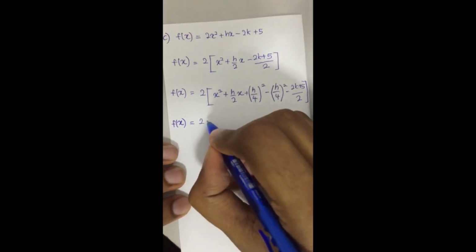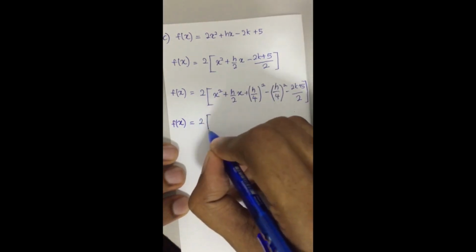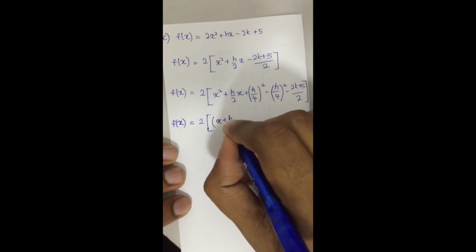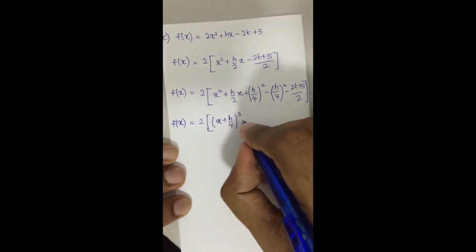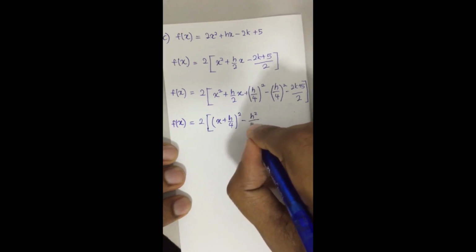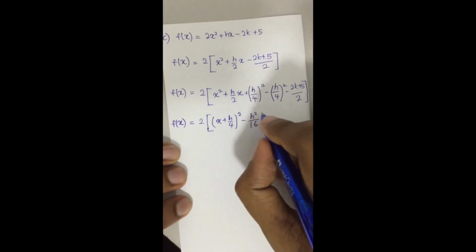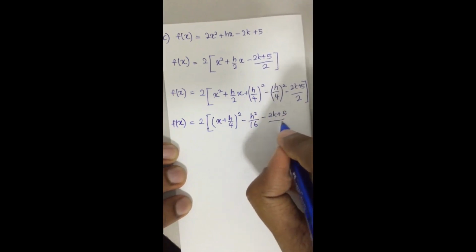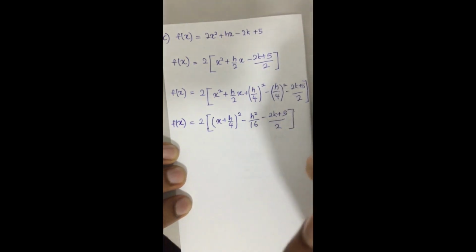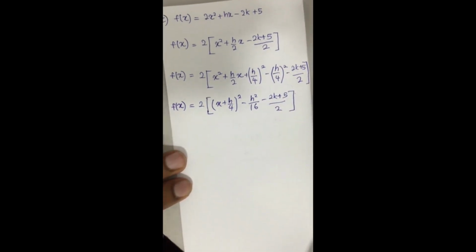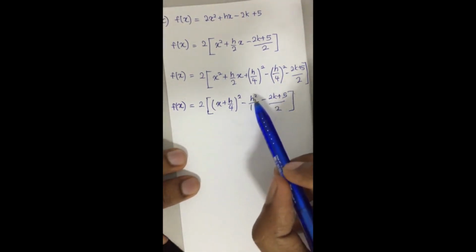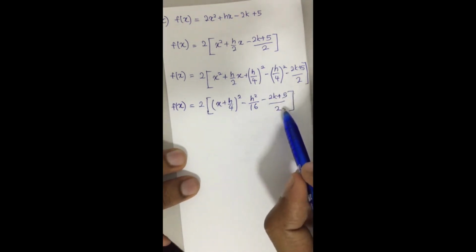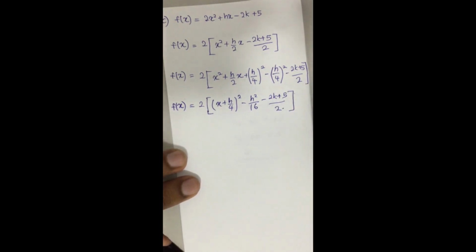Okay, so from here, in a square bracket, you write the quadratic factor (x plus h over 4) squared minus h squared over 16. You expand this, and then minus 2k plus 5 divided by 2. From here, this negative h squared over 16 minus 2k plus 5 divided by 2, we combine them together by multiplying the denominator by 8 and the numerator by 8 as well.